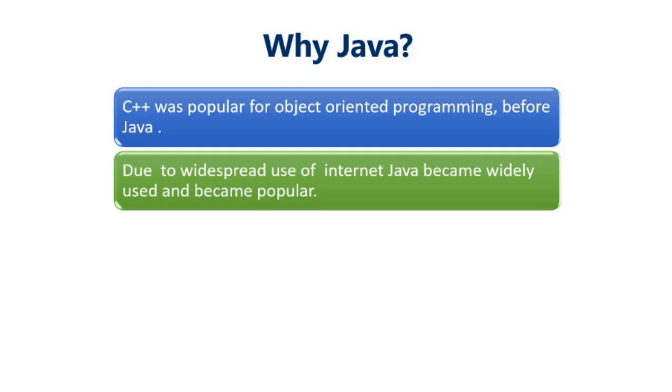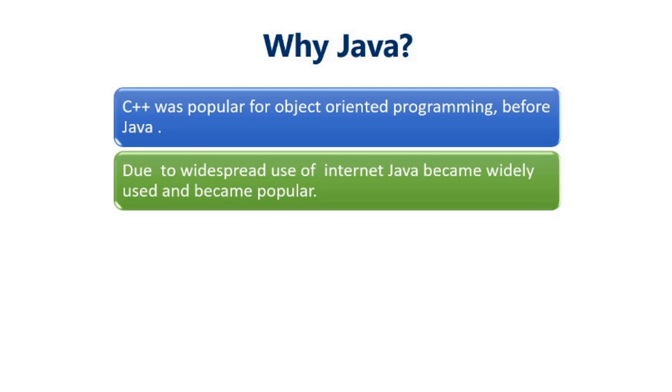Before Java, C++ was a very popular object-oriented programming language. You have already studied C++ in your second year. But due to widespread use of the internet, Java became widely used and popular. Now what does this mean? Java supports the features for development of applications that can be accessible over the internet.